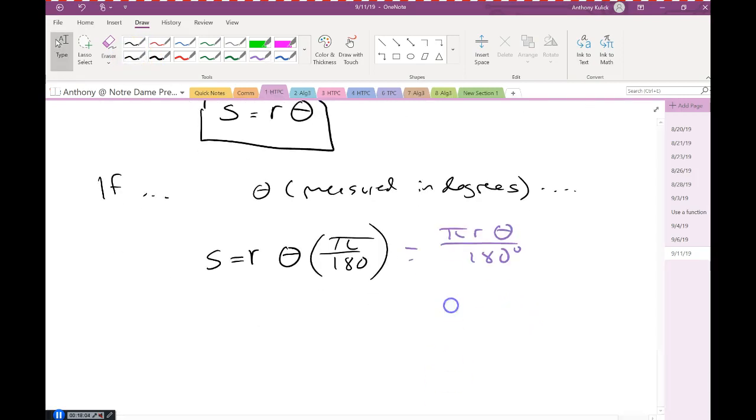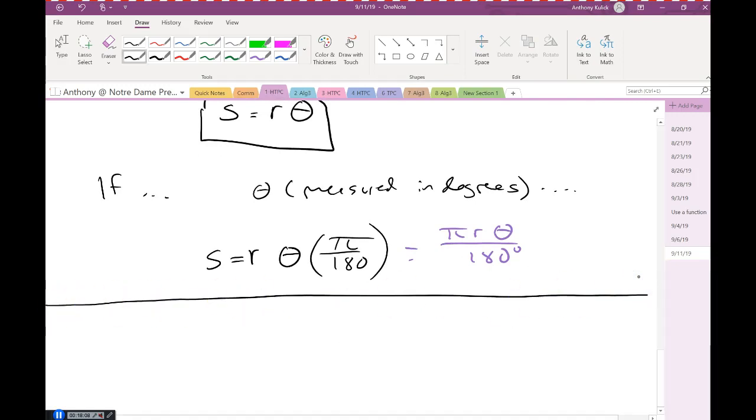So let's do some examples where we use this formula. I just simplified it, right?